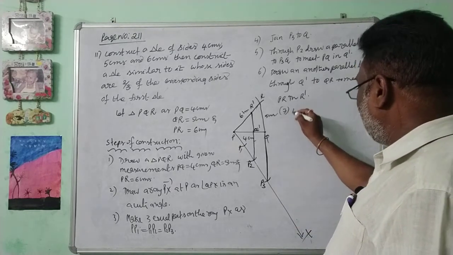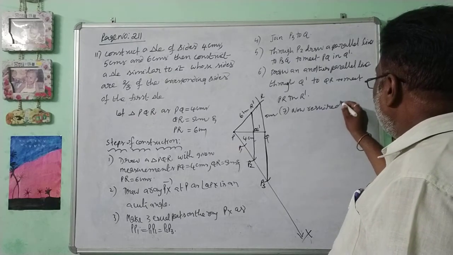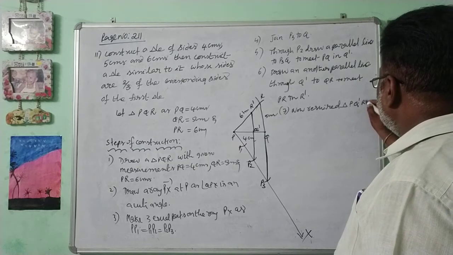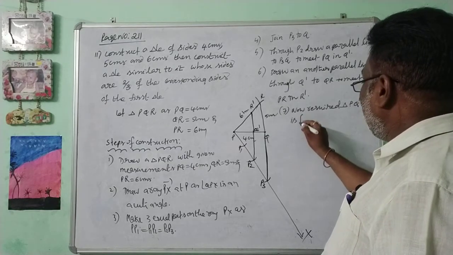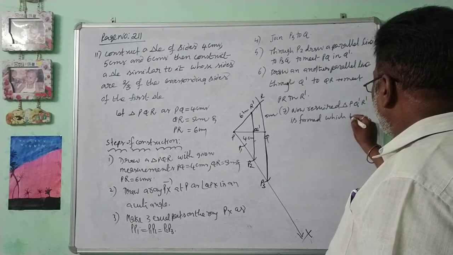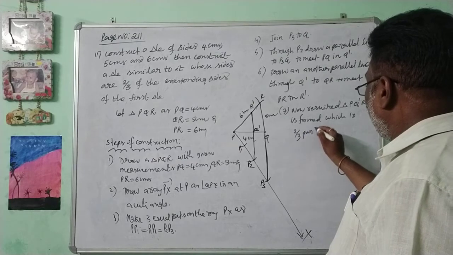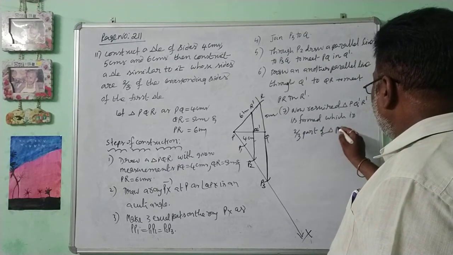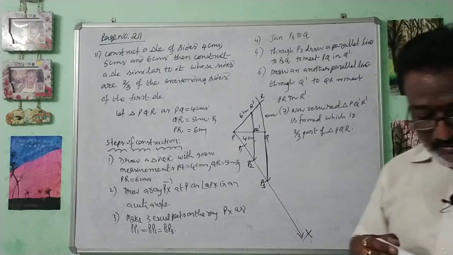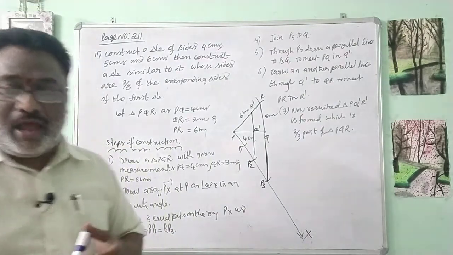Seventh step. Now the required triangle PQ dash R dash is formed, which is 2/3 part of triangle PQR. That's all.